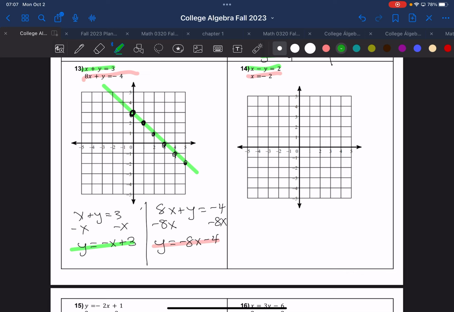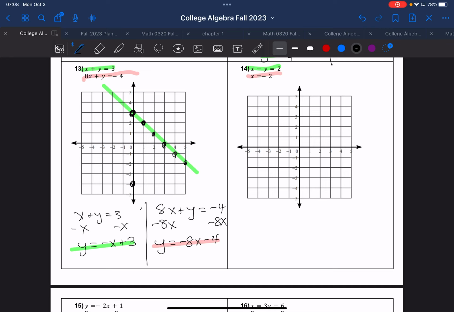And then for my other equation, what is my y-intercept? Good, 0, negative 4, so it's down here. And my slope is telling me to do what? Down 8 over 1. Good. Am I able to go down 8?